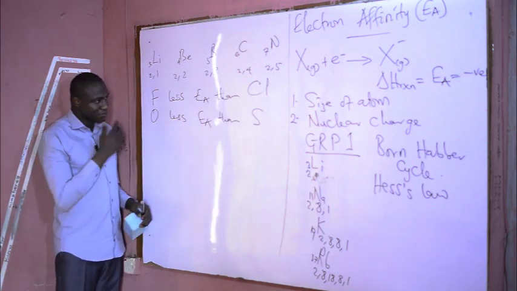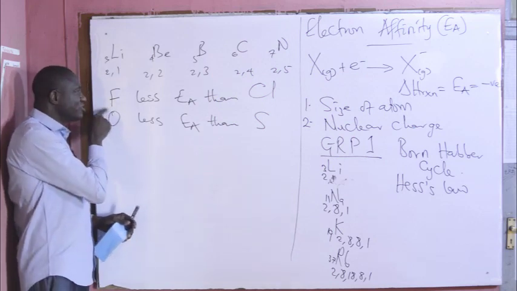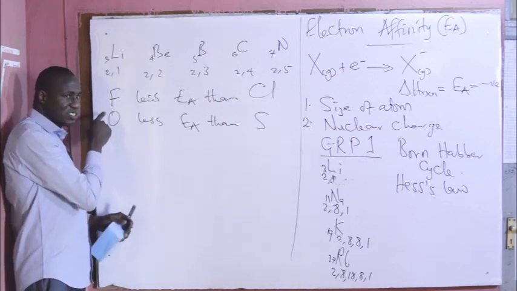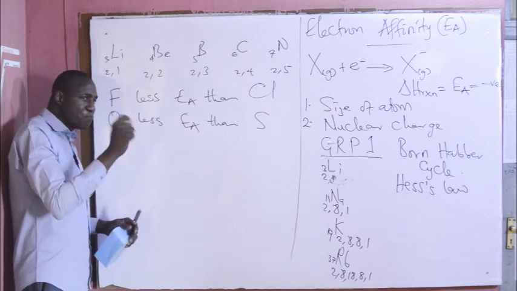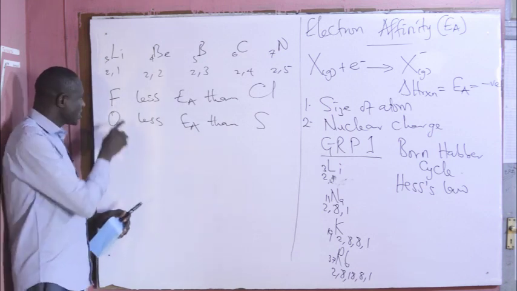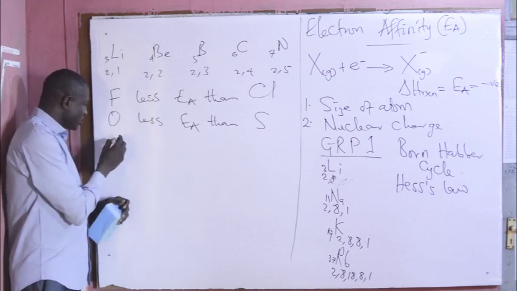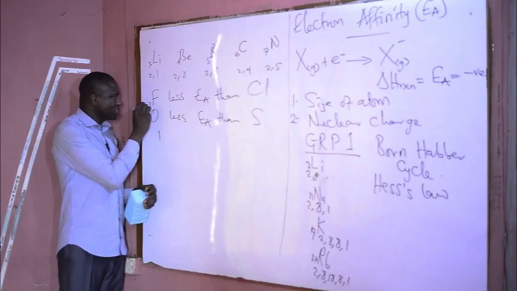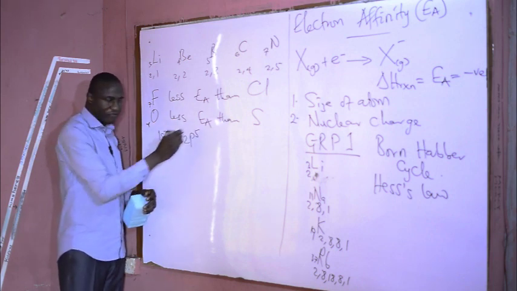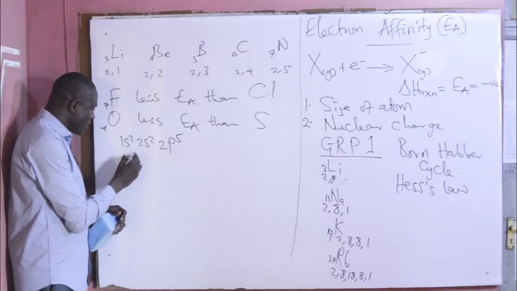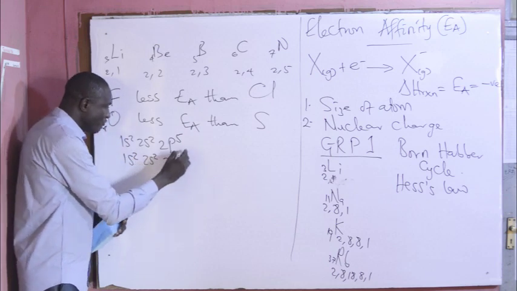When you are adding an electron to fluorine, oxygen, or nitrogen, you are adding an electron to the compact 2p orbitals. In fluorine, the electronic configuration is 1s2, 2s2, 2p5. For oxygen, you have 1s2, 2s2, 2p4.